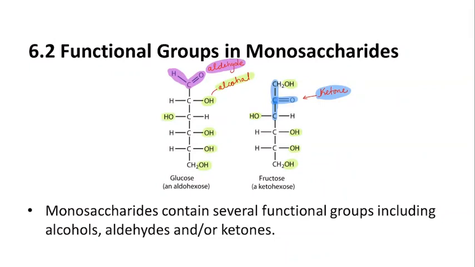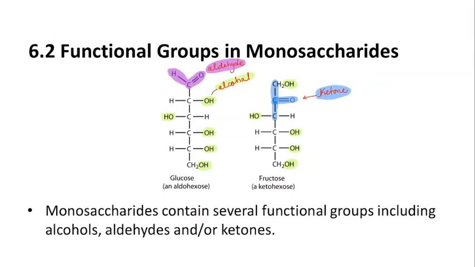Now, understand that when it comes to naming these functional groups, they are not specifically giving you the rules for naming alcohols, aldehydes, and ketones in the textbook, but in the slides, I actually gave you guys the rules for naming aldehydes and ketones and also alcohols.